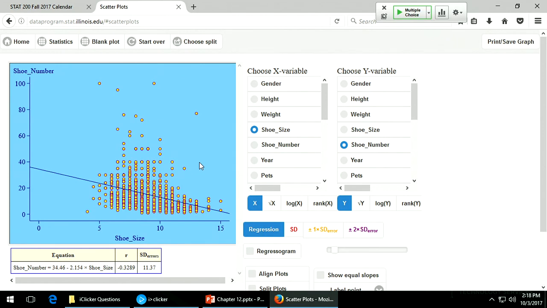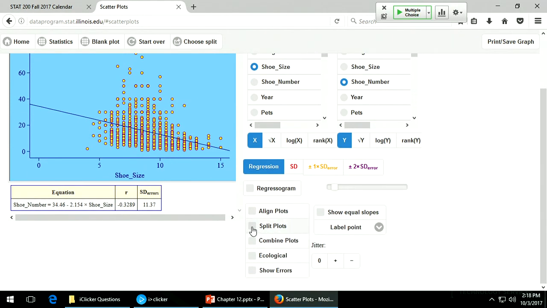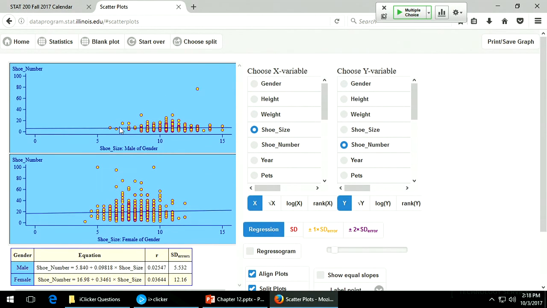That doesn't make sense. And we said, well, maybe it's confounded by group membership, by gender. So we thought, okay, let's split on gender. And we did, and sure enough, it goes away. If we stratify on gender and look at just the males, you look at the equation here, there's essentially no slope.